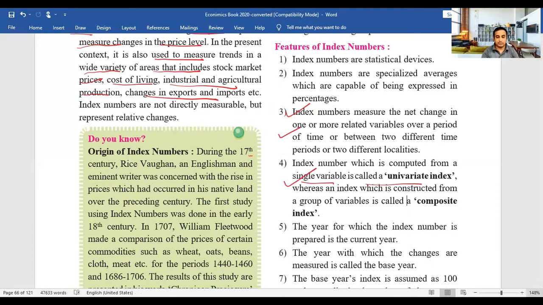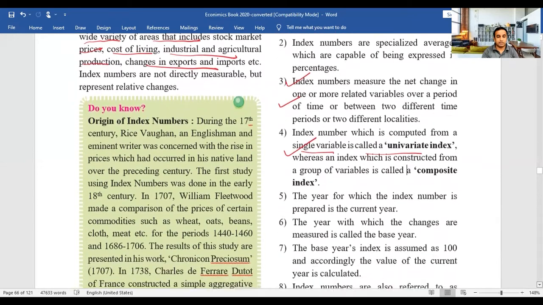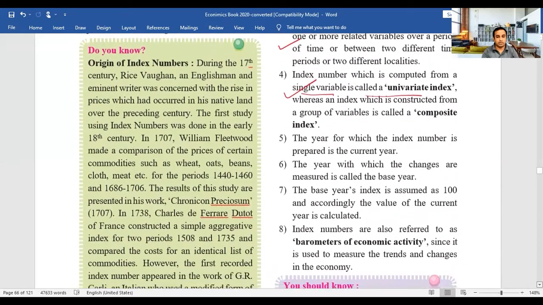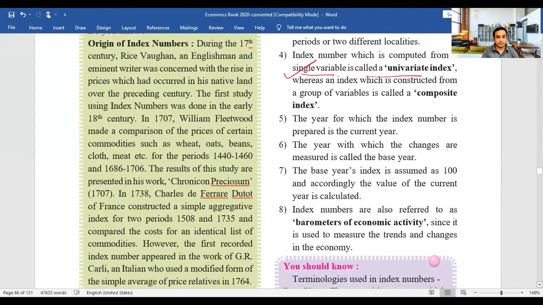And if they are computed from numerous variables, it is called a composite index. Now, index number is generally prepared for the current year, and the year with which the changes are compared or measured is called base year. The base year's index is always assumed to be 100, and index numbers are regarded as barometers for the economic activity.